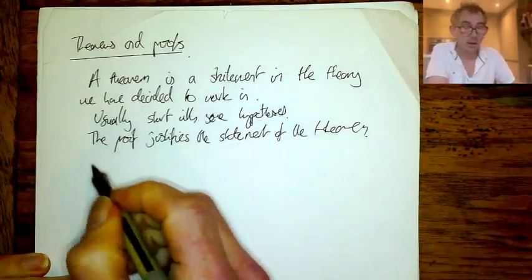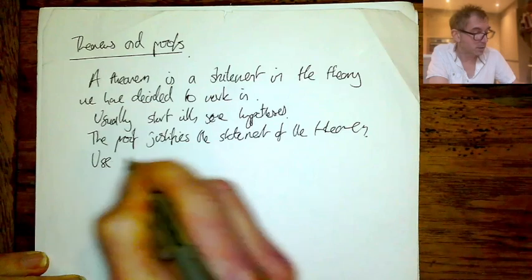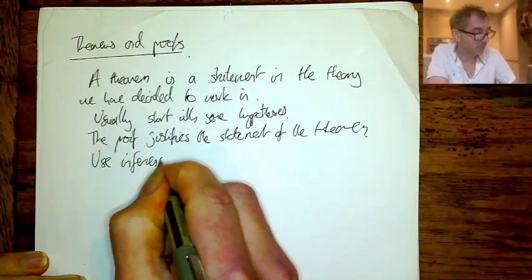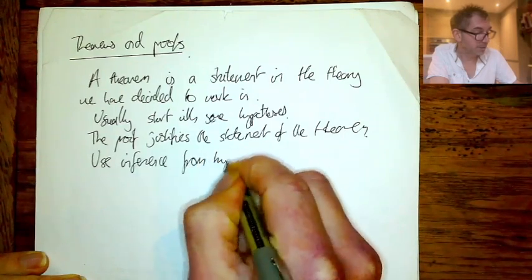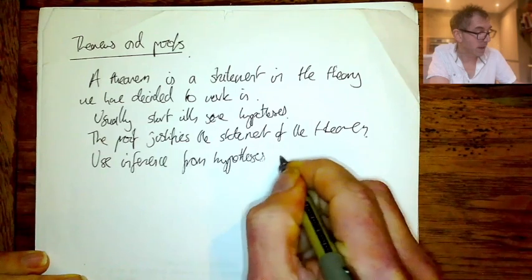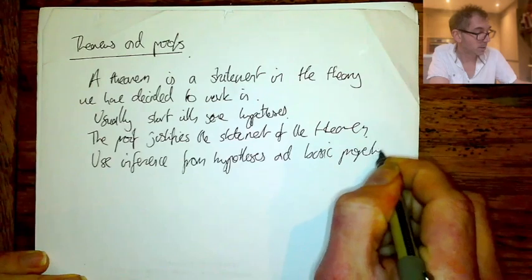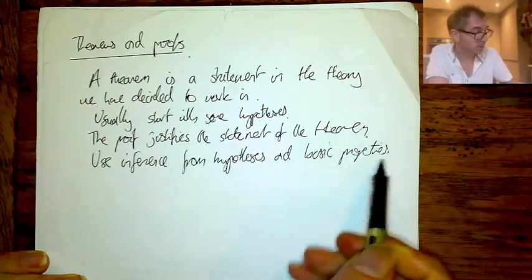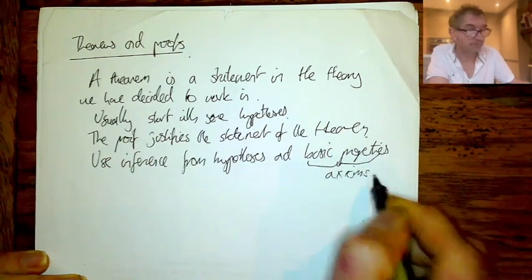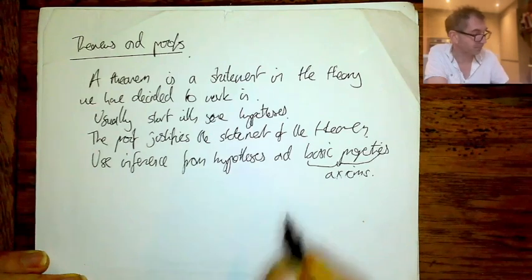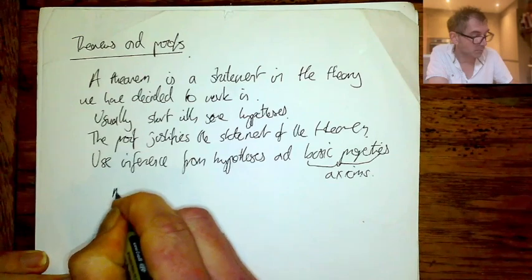And we do this by using inference. Use inference from hypotheses and basic properties. And sometimes these are called axioms as well. Axioms of the theory.